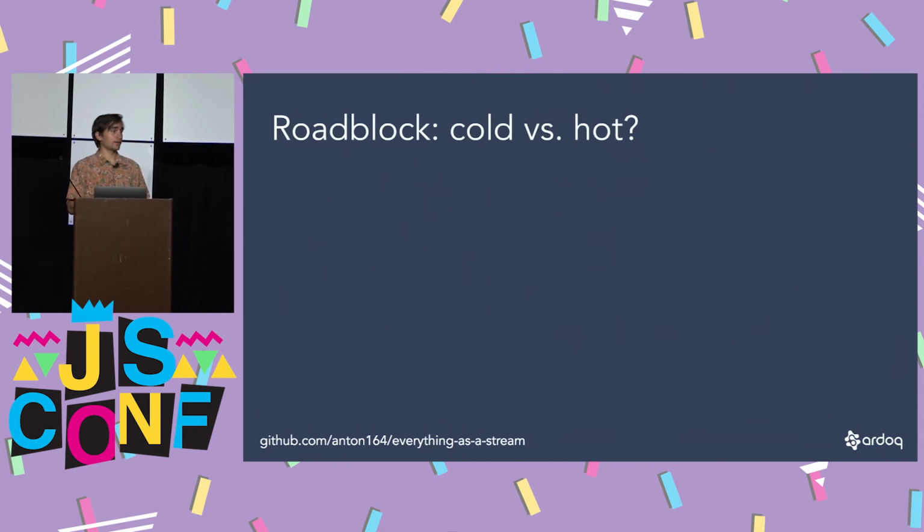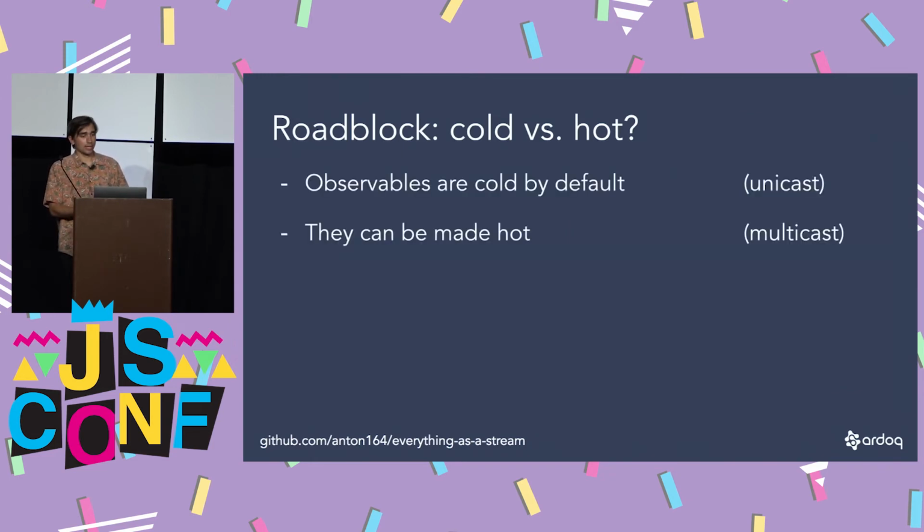Then we hit our next roadblock, and that's cold versus hot. I think anyone who starts using RxJS hits this roadblock eventually. For those of you who are not familiar with cold versus hot, they might be ambiguous terms. They didn't make a lot of sense to me the first time I heard them. Essentially what they mean is that observables are cold by default, and they can be made hot.